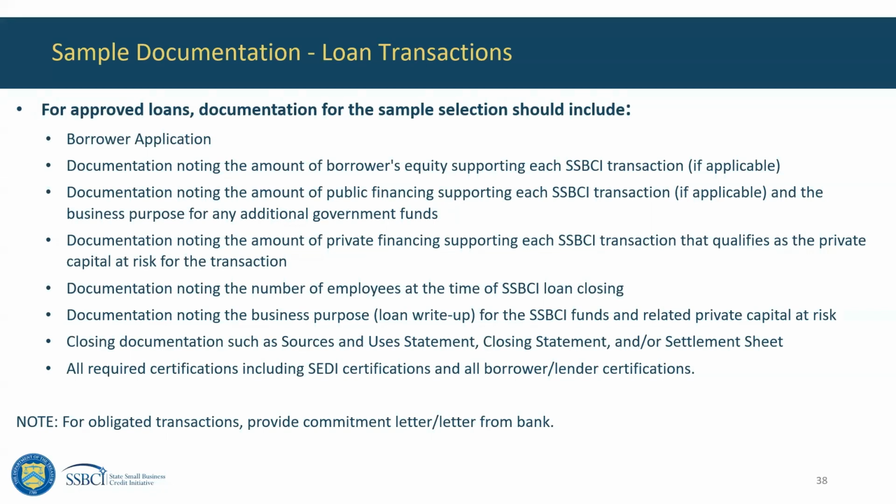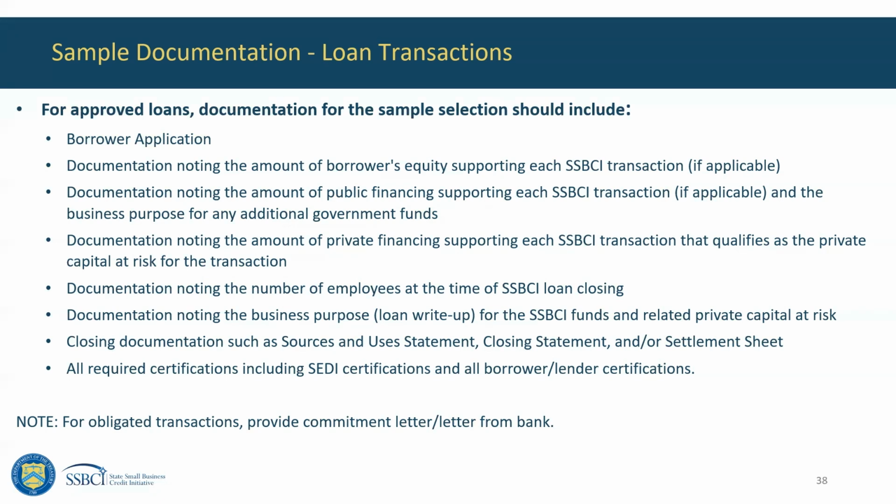This is a not comprehensive list of some of the documents that we request when we review transaction types. This slide goes into some of the documents that we'll ask for loan transactions. As you read through it, I'm going to talk through why we are asking for some of these things, because we've run into jurisdictions that may not have what we're asking for.